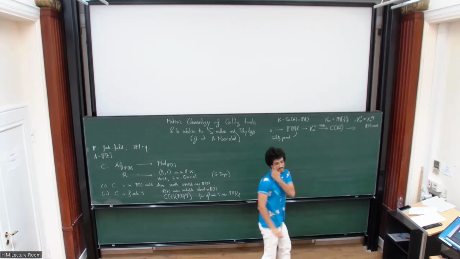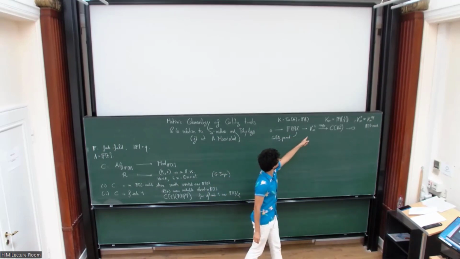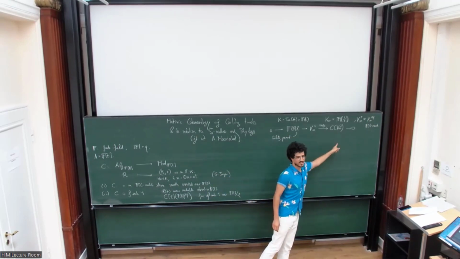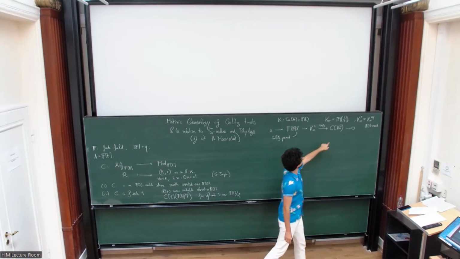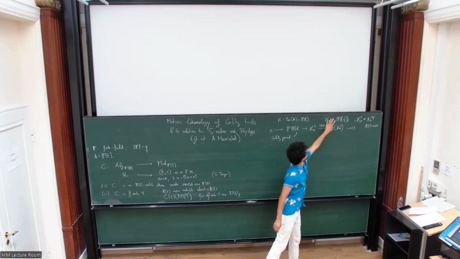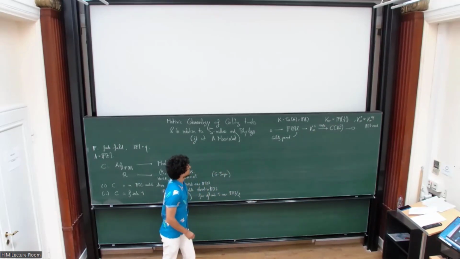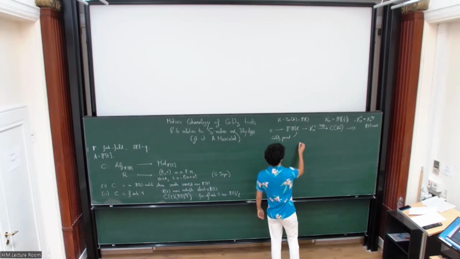If you act by l here, then this is multiplication by l(theta) here as well, and then you just act by l(T). So the l(T)-torsion is in the kernel of that, and then by the snake lemma, this is just isomorphic to this one.